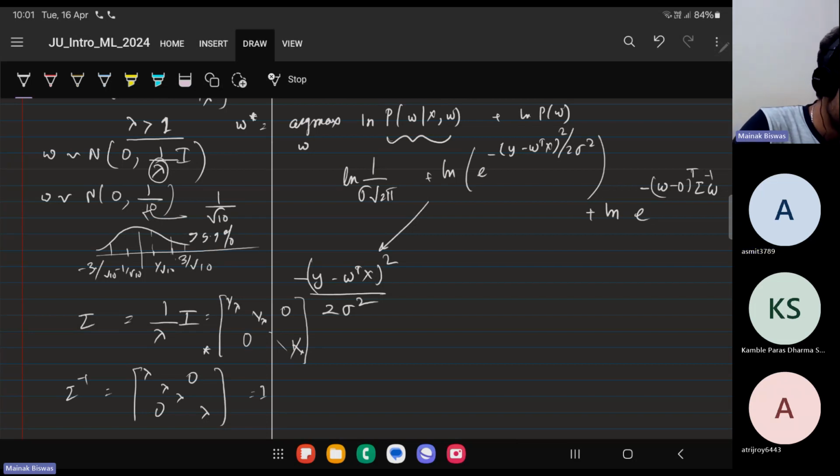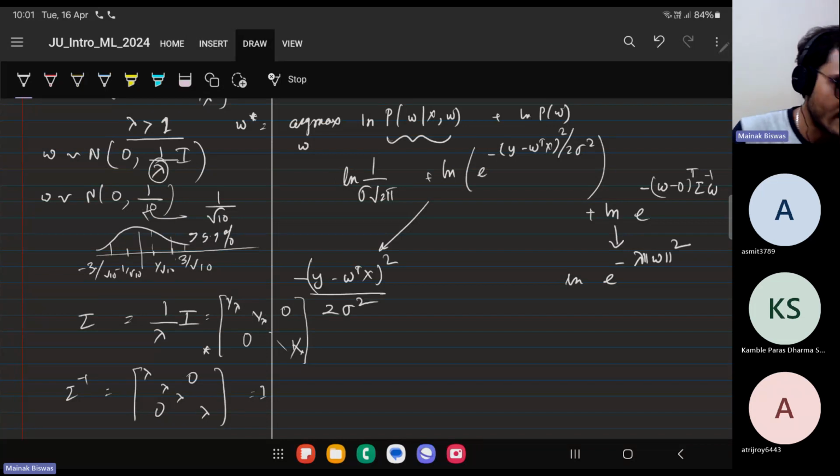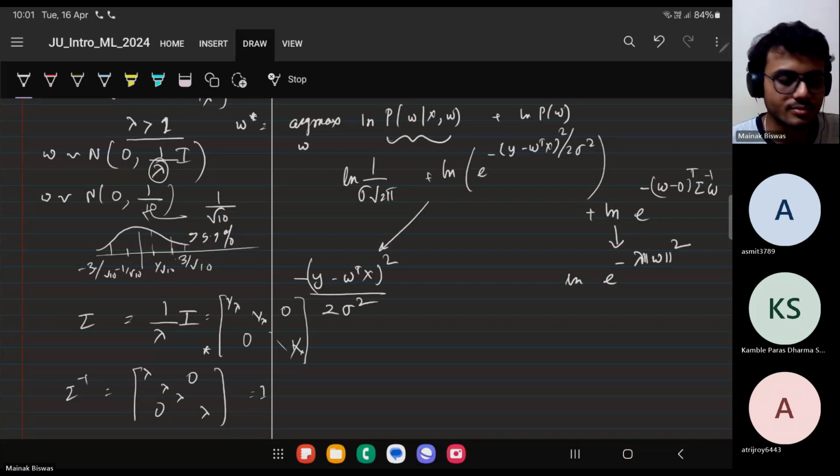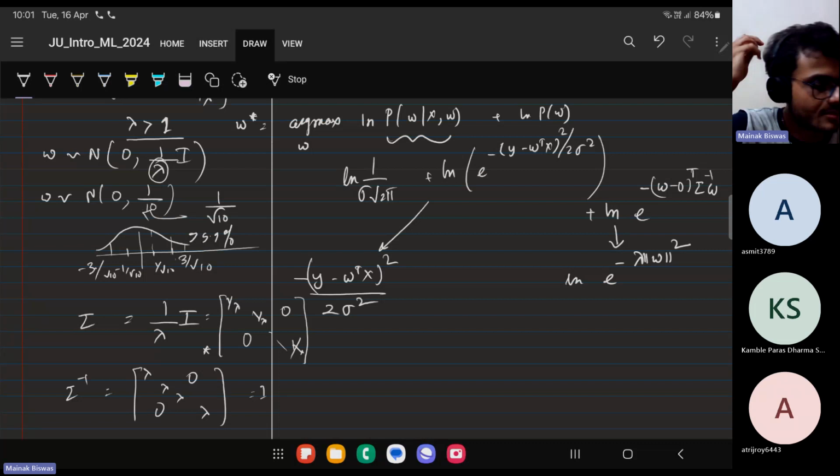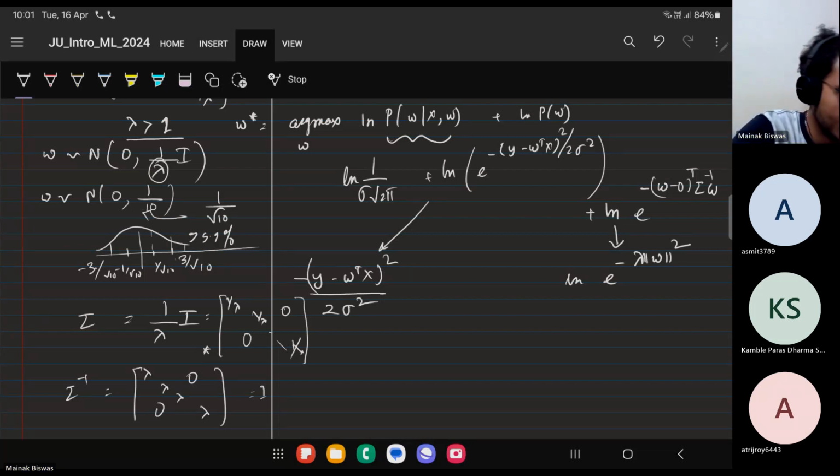So you will get lambda times. Do you agree? This term will become log of e to the power minus lambda times W transpose W squared. Yes or no? Because every term has lambda, I can take lambda common.